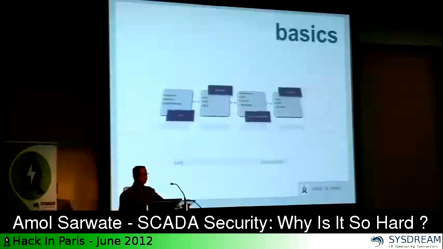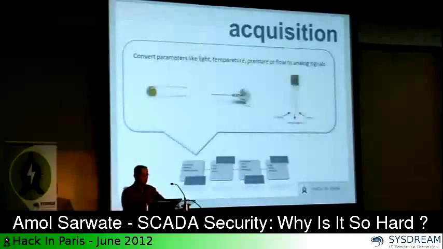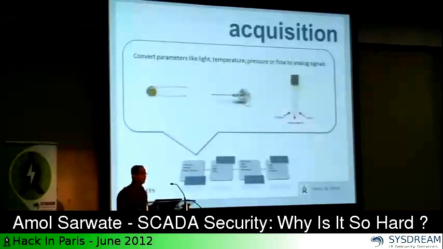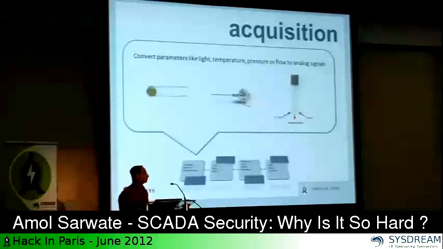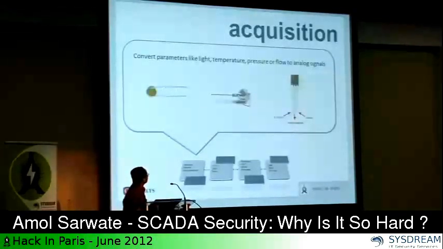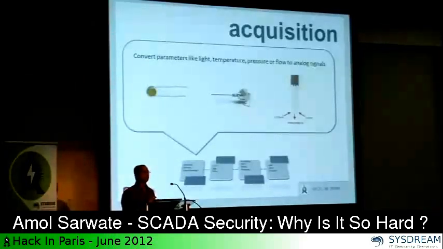So let's take a little bit of a detailed look at this. On the extreme left, in the field, what you have are the sensors, meters, and field devices. These are devices like the ones here. The first one is a photo sensor.